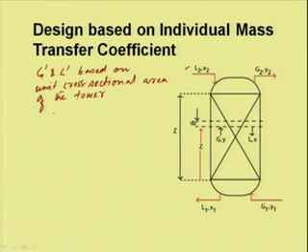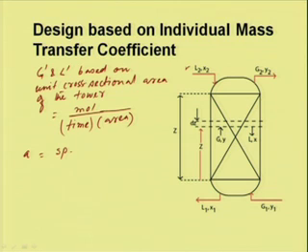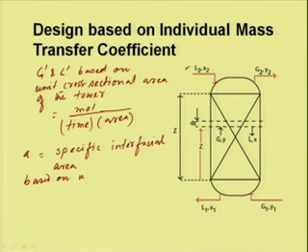So, it has units of mole per time into area, and a is the specific interfacial area, which is basically based on unit packed volume.